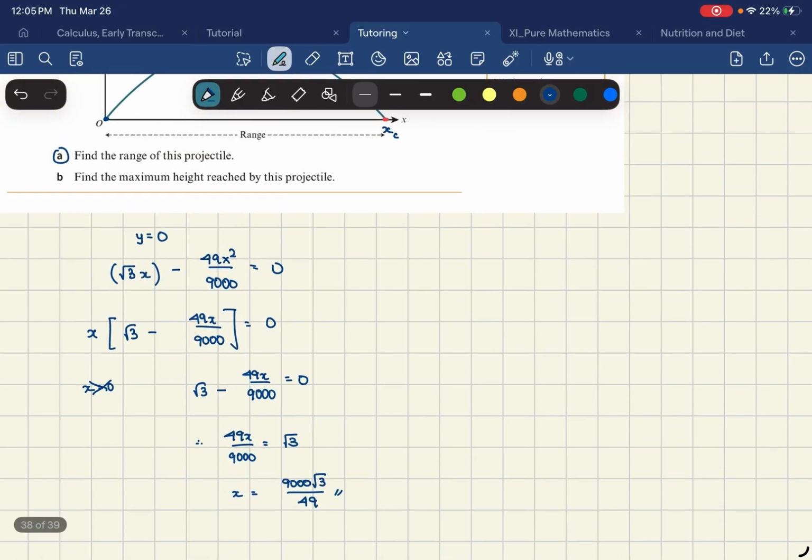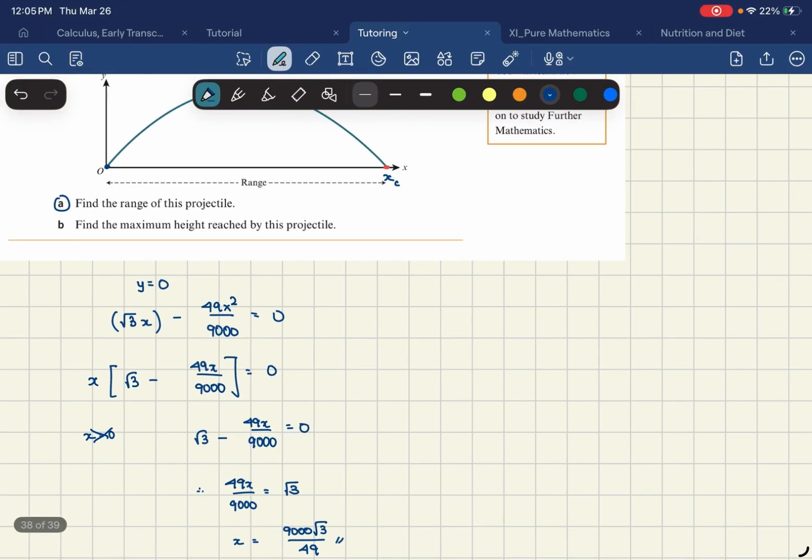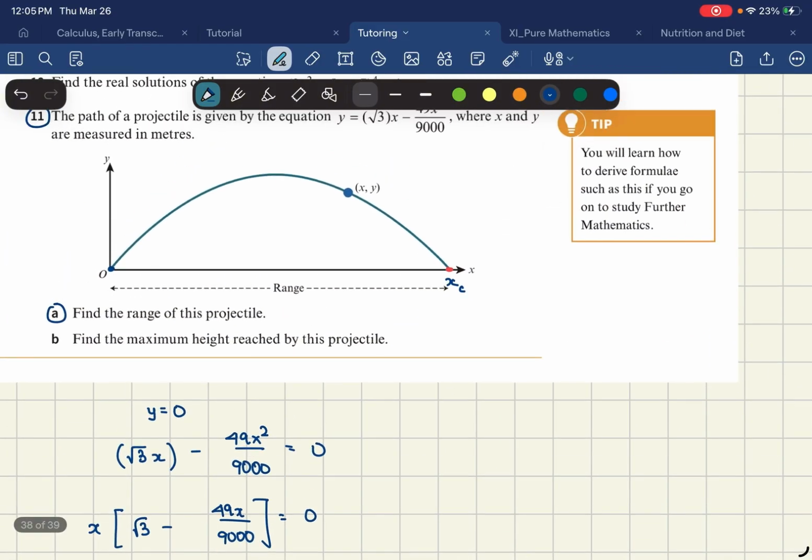All right. And then it says, find the maximum height reached by this projectile. So basically, if we look at this diagram, you will notice that the maximum point is reached when we are at half of the range, right?